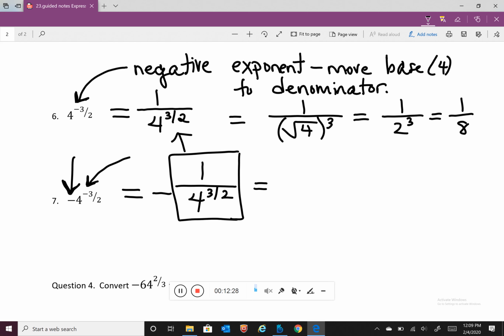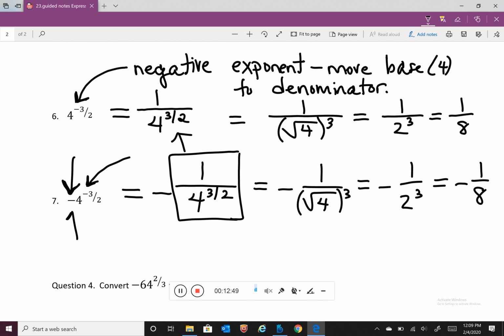And so the negative is out front. This is negative 1 over the square root of 4 cubed. This is the negative of 1 over 2 cubed. This is the negative of 1 over 8. And notice again, the negative was out front. It is not part of our base, and therefore the negative trails.